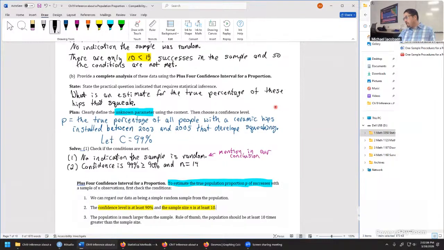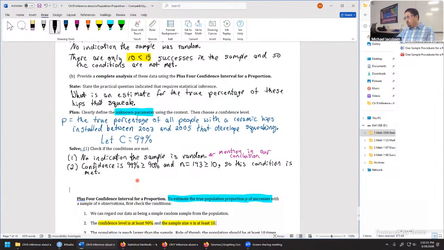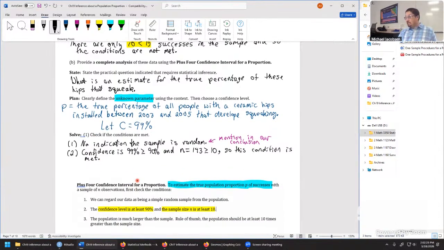So N is 143, which is greater than or equal to 10. So this condition is met. So we're off to a good start, other than the most important condition, randomization, being an open question.